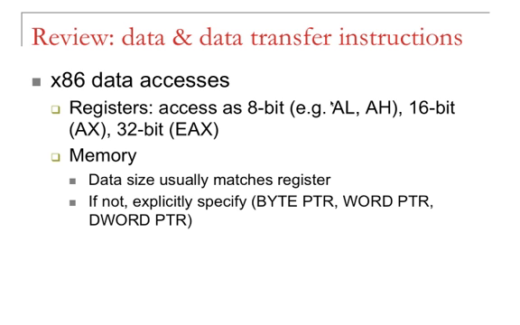Depending on the name of the register, you could be accessing an 8-bit, 16-bit, or 32-bit value. So we have an example here. For register EAX, if we use AL or AH, that means we're going to access an 8-bit value, a byte. If we use the name AX, that's a 16-bit value. And if we use EAX, that's a 32-bit value.